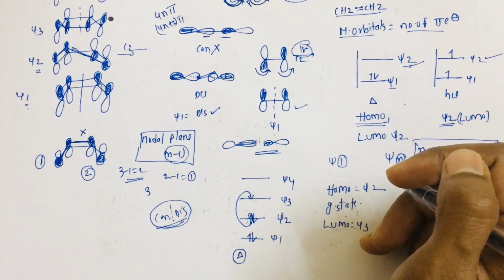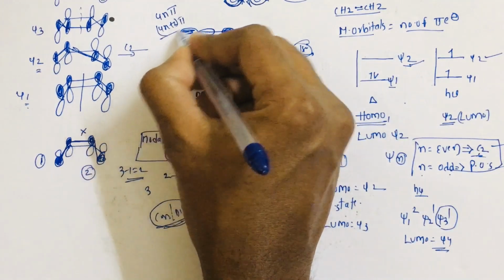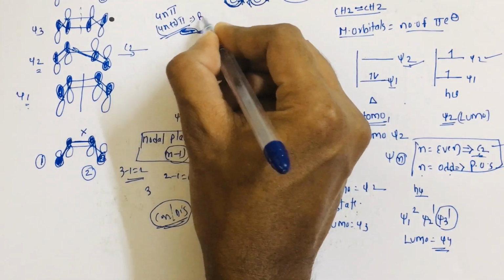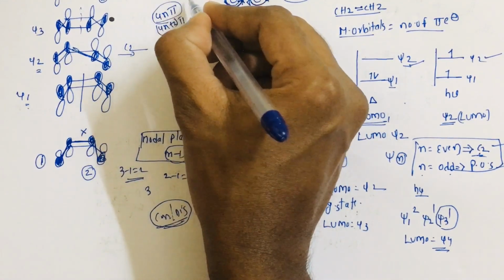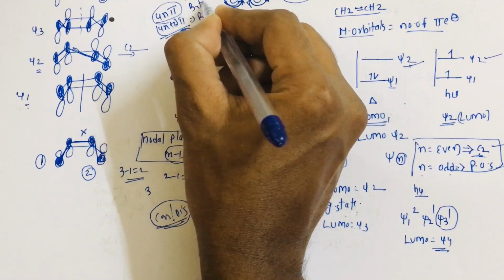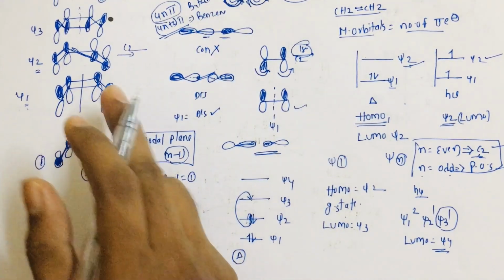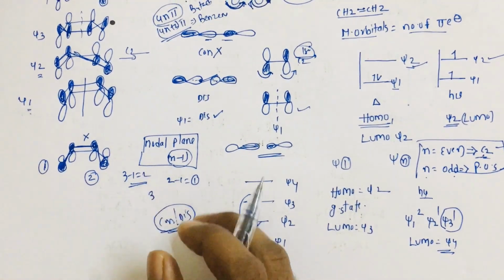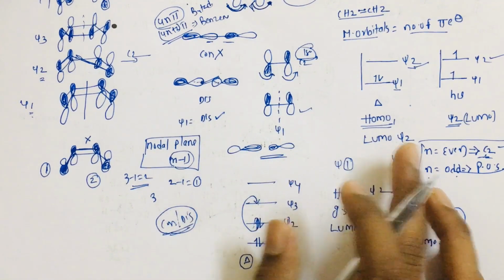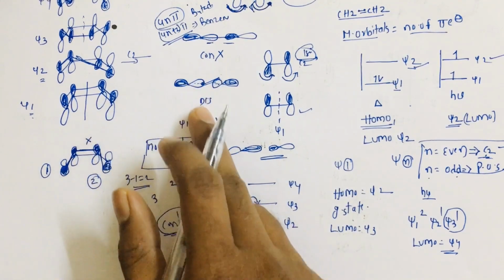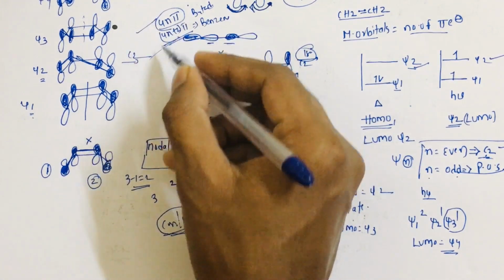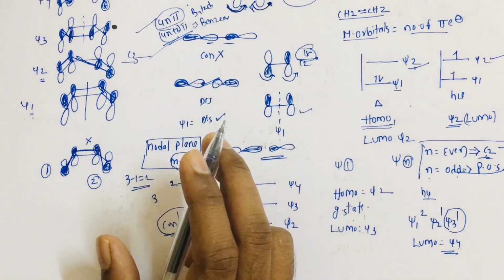Okay, for a 4n plus 2 pi system we can take benzene, and for a 4n pi system we can take cyclobutadiene, or we can take this also. Okay, now we'll see how con and disrotation will be written for the 4n pi system or 4n plus 2 pi system. Okay, because this is very, very important.